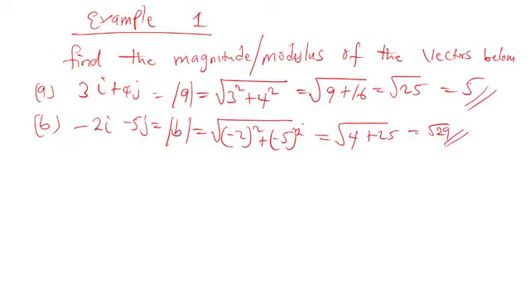Now this is just how to find the magnitude of a vector. You can go ahead and write so many vectors. You can write 4i minus 5j, and they are still vectors.